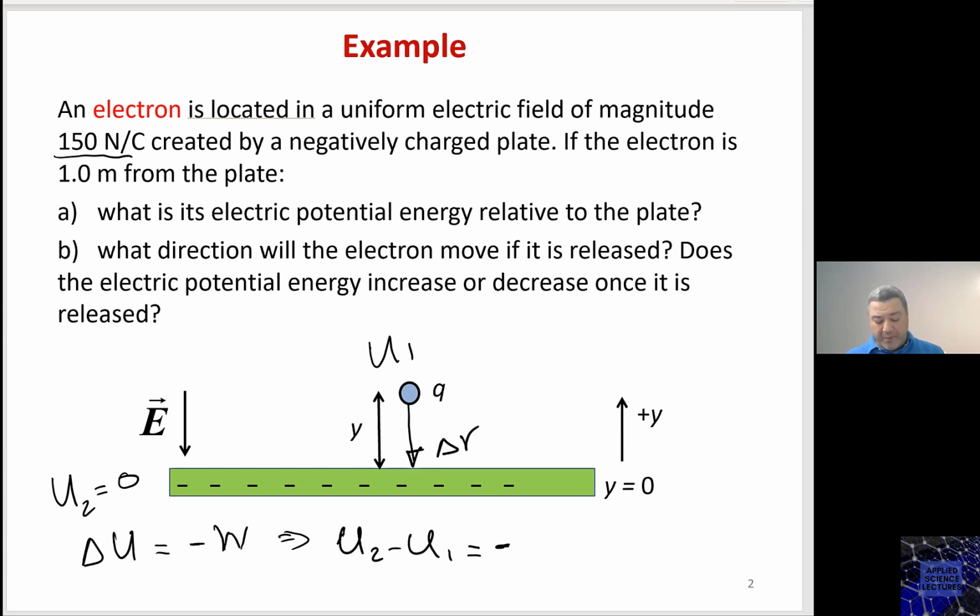This is delta R. The force applied by the field is opposite to the electric field. This is the Fe. And in this case, the work done would be negative. Why? Because the force applied by the electric field is pointing upward, however, the displacement vector is pointing downward. I'm calculating it with respect to the plate.